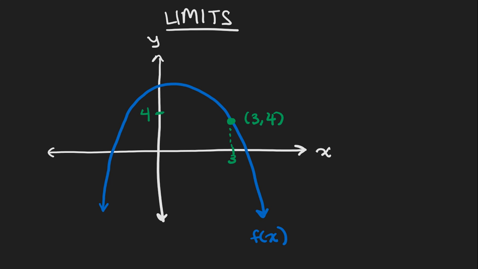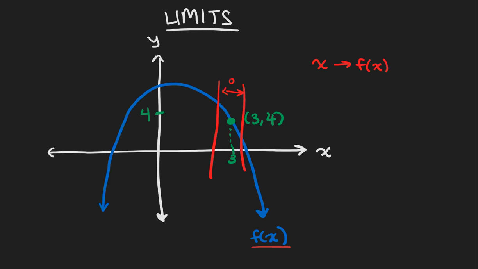Essentially, what a limit is, let's say that we have two lines on either side of this x value. As we bring them closer and closer together, what value does f of x approach? Since every x has a respective f of x, as we bring these two lines together, we're essentially asking what does the y value approach?